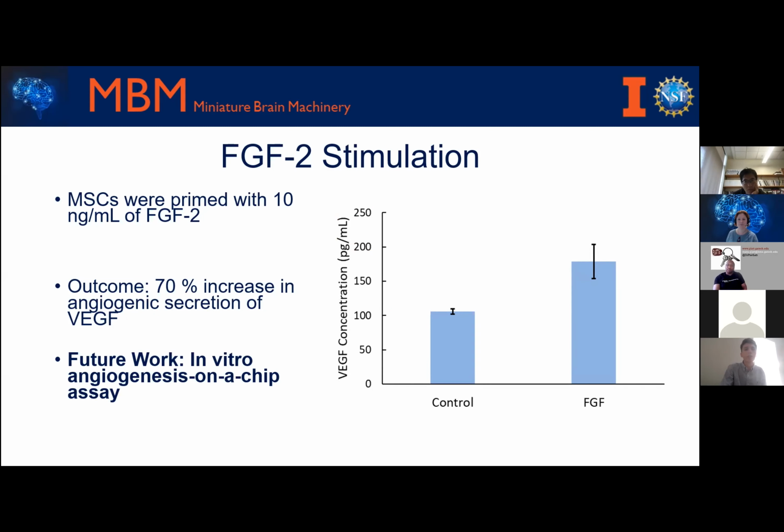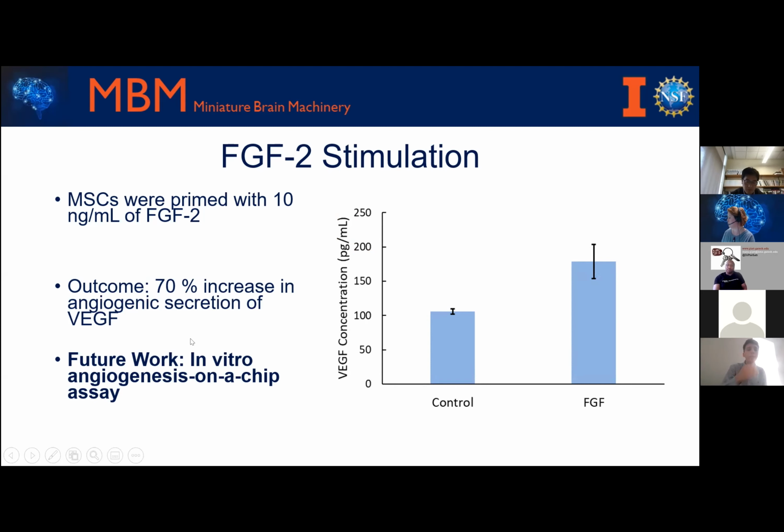Based on the literature, we identified fibroblast growth factor 2, or FGF2, as this ligand, as it is commonly used in various cell medias as a proliferative growth factor. In fact, we demonstrated that preconditioning of our MSCs with FGF2 induced a similar increase in angiogenic growth factor secretion to tumor necrosis factor alpha, evidenced in increases in vascular endothelial growth factor production.